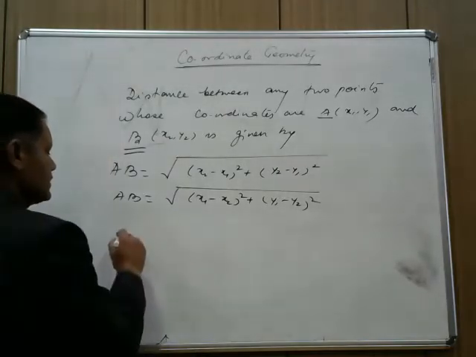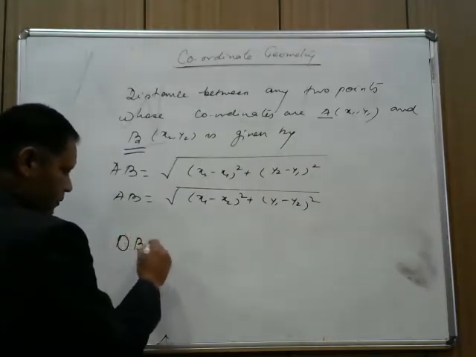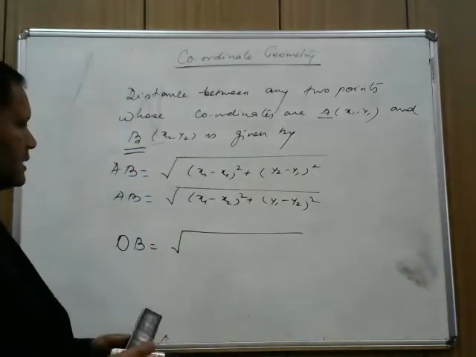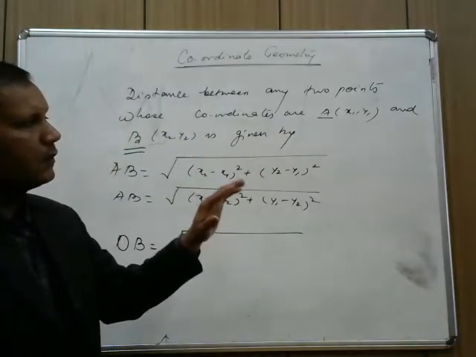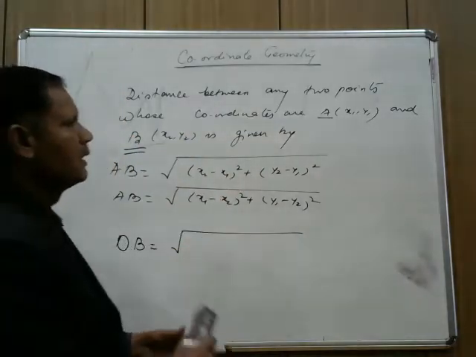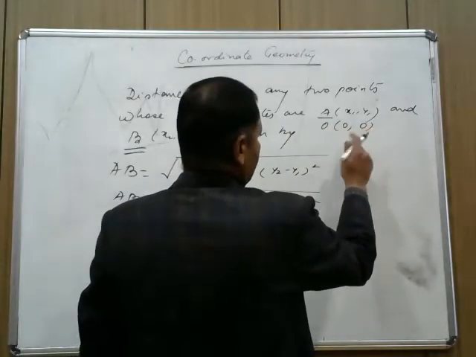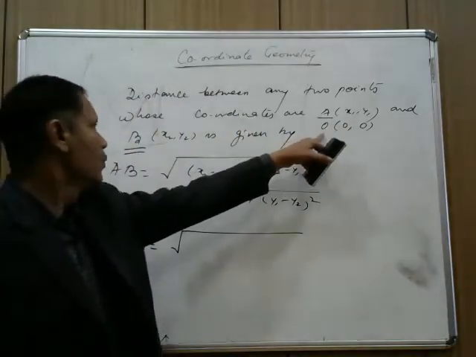Suppose in place of A we have the origin O with coordinates 0 comma 0, and now I am finding the length of OB.